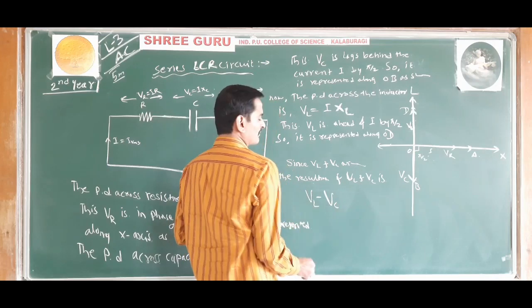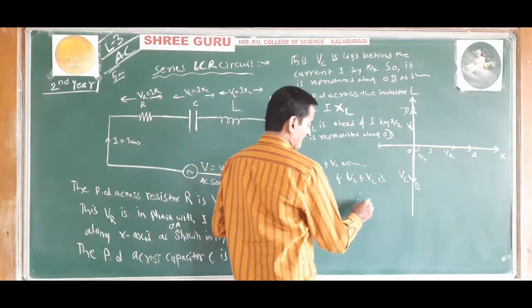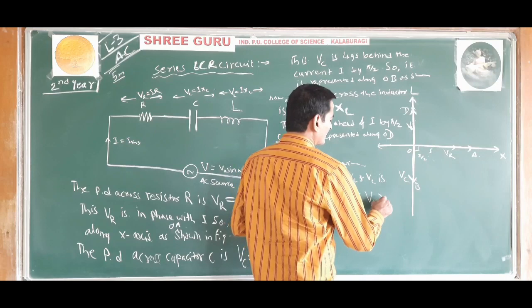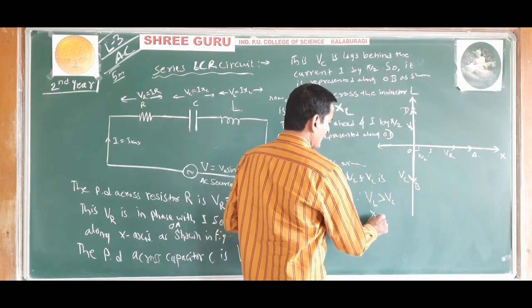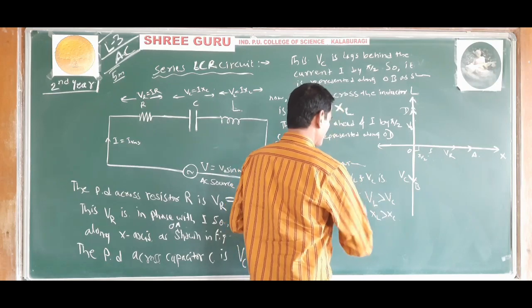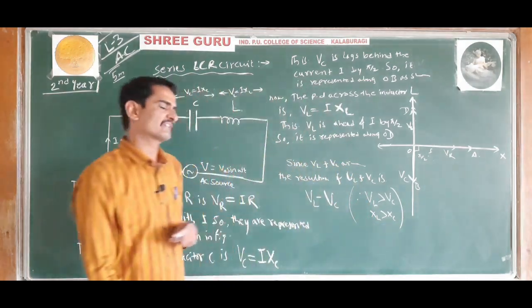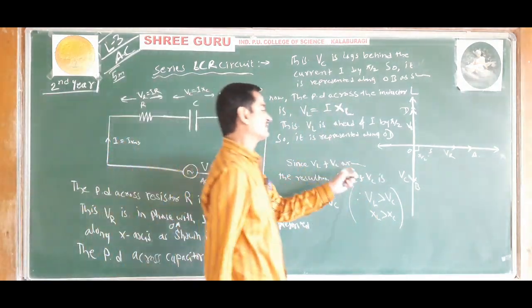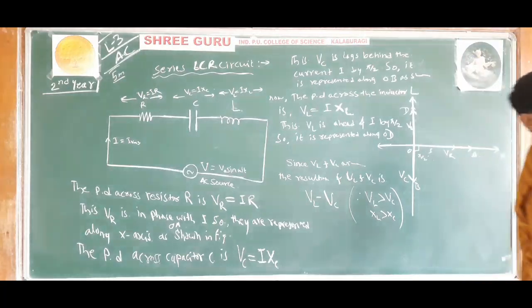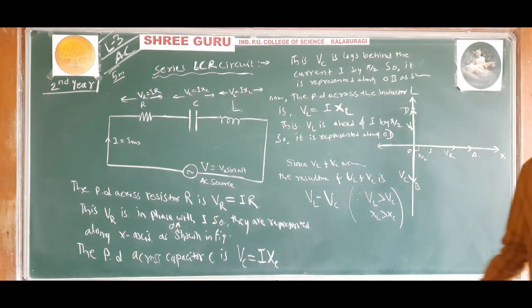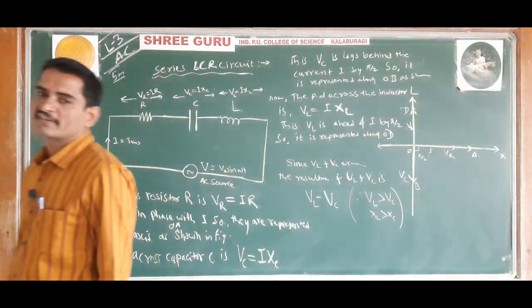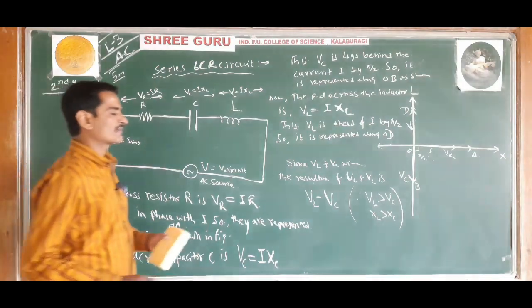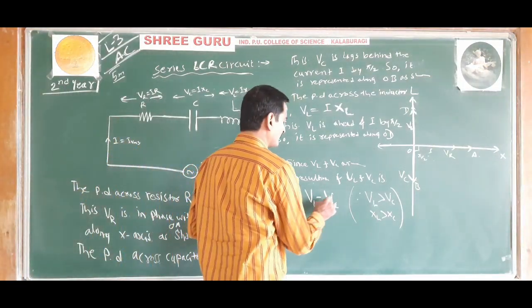I will take it as VL minus VC by considering VL is greater than VC, or XL is greater than XC. By considering that XL is greater than XC, the resultant of VL and VC becomes VL minus VC.